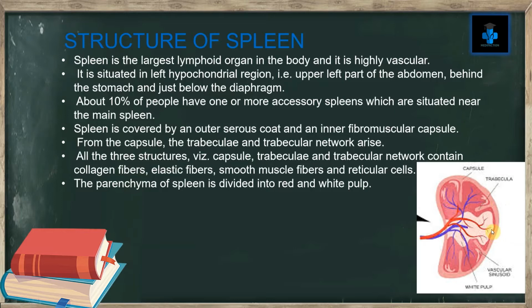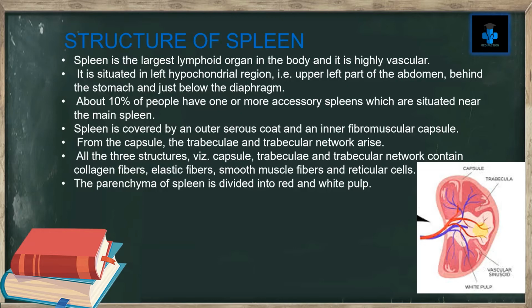All the three structures, which is capsule, trabeculae and trabecular network, contain collagen fibers, elastic fibers, smooth muscle fibers and reticular cells. The parenchyma of spleen is divided into red and white pulp.